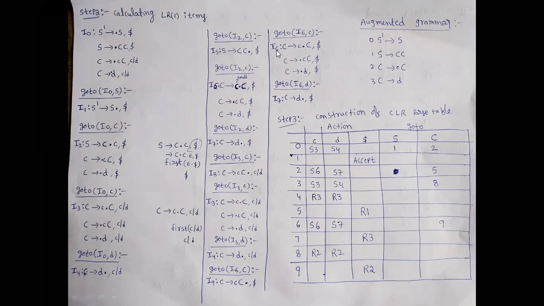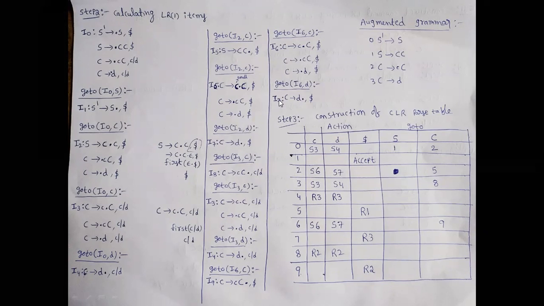So I6. Then go to of this particular production. So C is production with dot D. We are applying go to function on D. So go to of I6 comma small d. So the production becomes C is production with D dot comma dollar. So already we have the production in I7, that is C is production with D dot comma dollar.